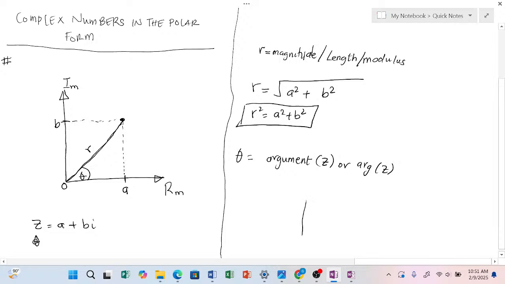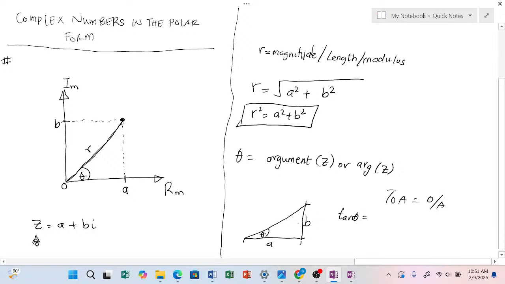Now if I want to find the angle here, trigonometry. This is a right angle triangle. From here to here is my a. From here to here is my b. So we can find theta. So tan theta is the trigonometric ratio that expresses the opposite over the adjacent.